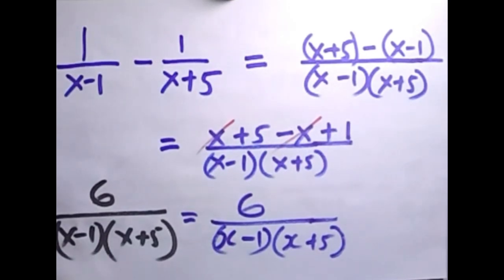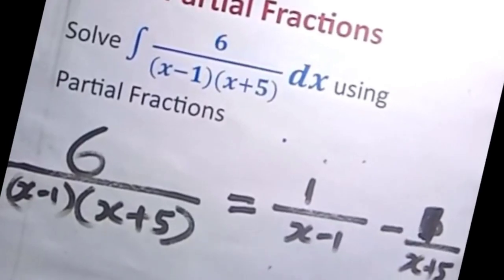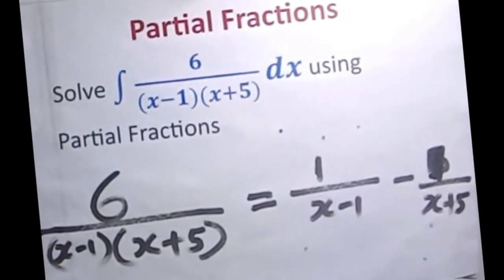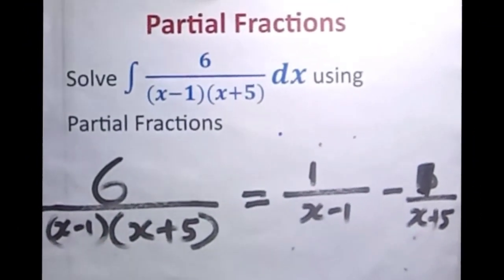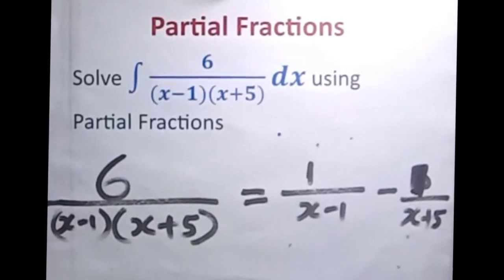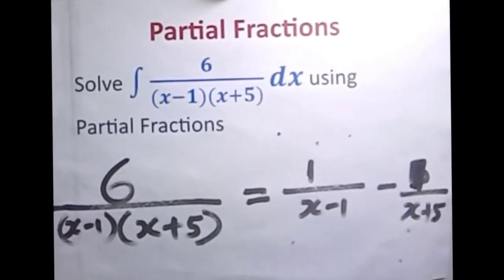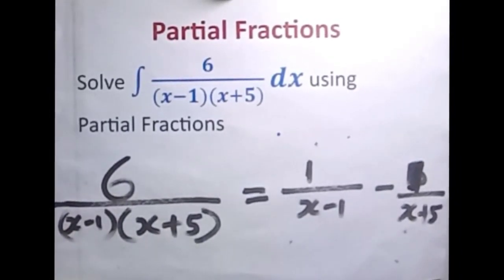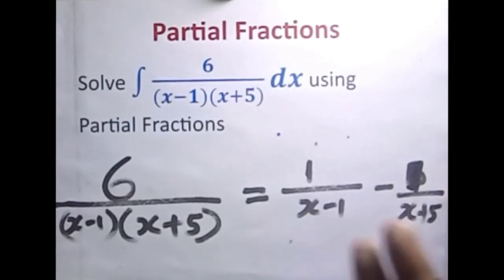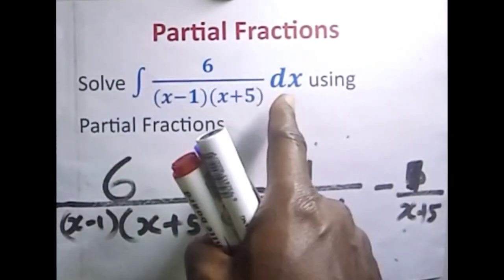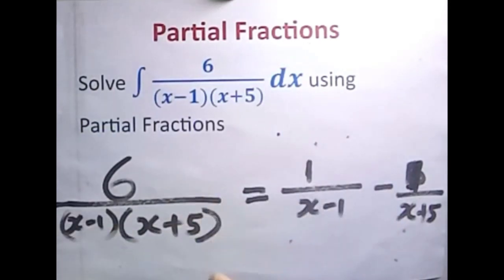And when you combine those two simpler fractions, you will get back your original fraction. Like I mentioned earlier, this topic is just to enable us familiarize ourselves more with the idea of partial fractions, what we intend to achieve in partial fractions. You can see that a big integral like this, we were able to eventually solve it using partial fractions.